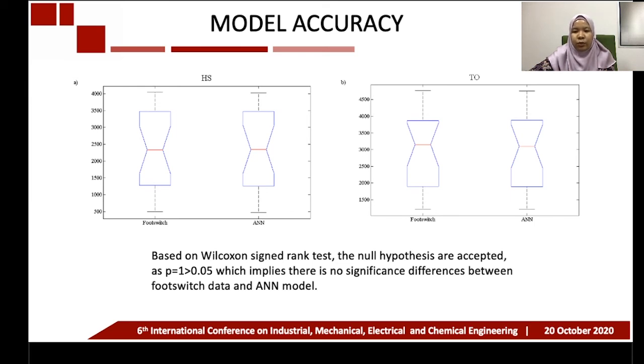The result has shown that the ANN model has successfully classified the gait event with higher accuracy, and machine learning has proven to give a promising result for classification of EMG signals. The outcome of this study could enhance the development of ankle foot orthosis AFO, and implementation in real-time application is suggested for future application.